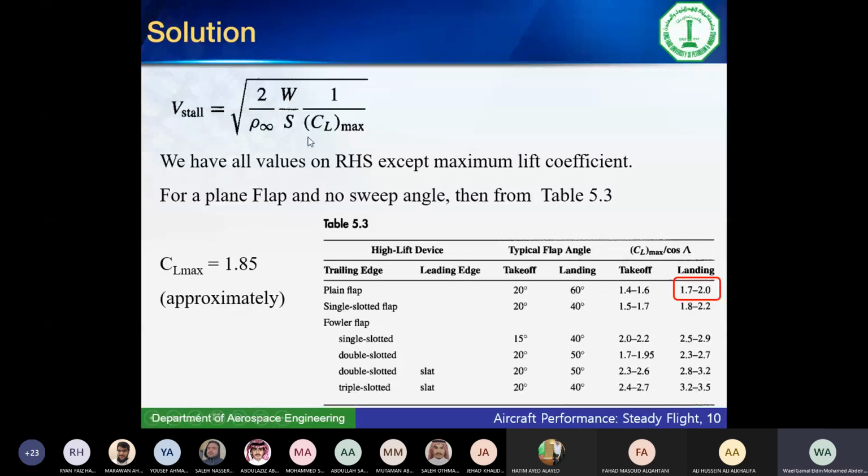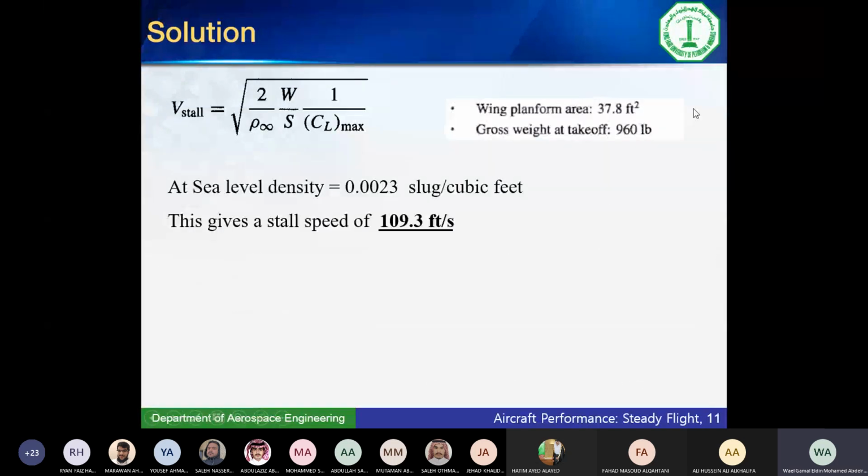Okay, so putting the CLmax here with the wing planform area and the takeoff weight, we will have the stall speed of 109.3 feet per second, which is rather a low speed. If you convert this to meters per second, it would be about 119.